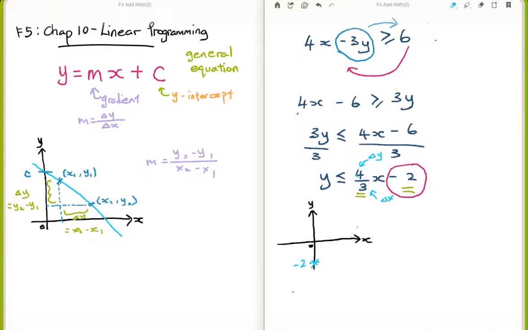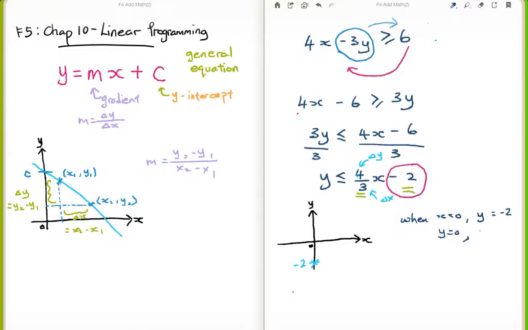So another way of doing it is by substitution. You need to find out the x-intercept. To do that, find out when x is 0; obviously y will be negative 2. Second row, when y is 0, what happens?